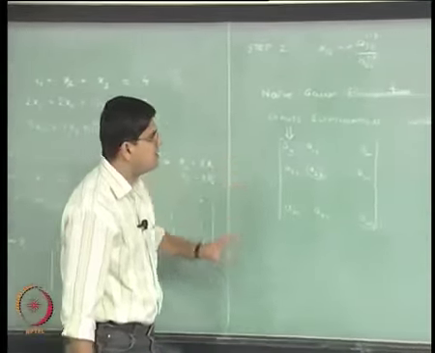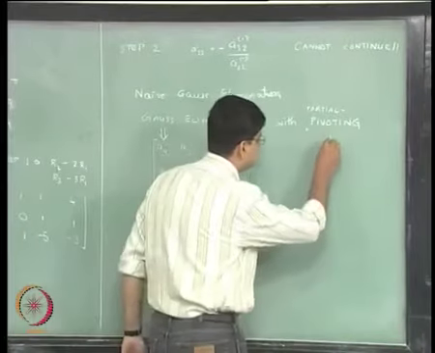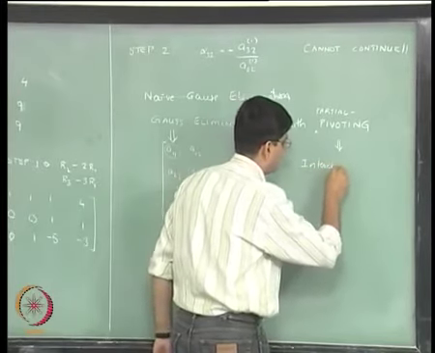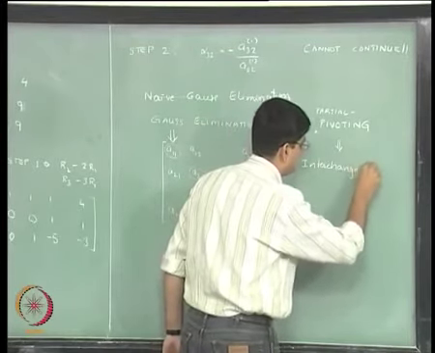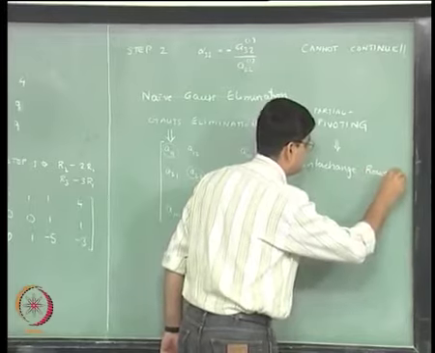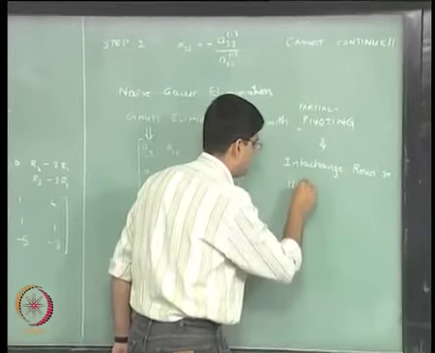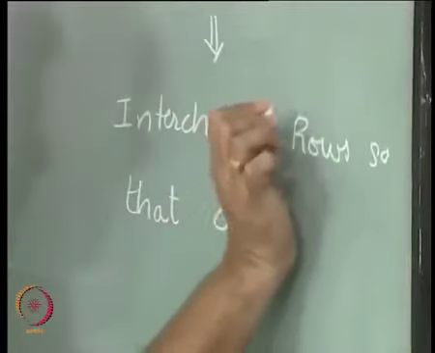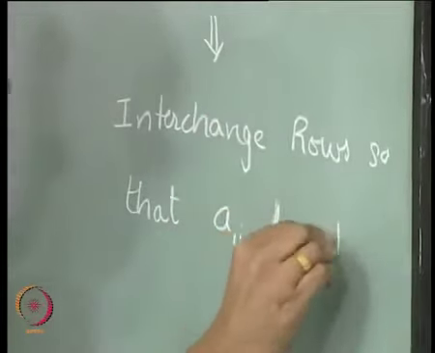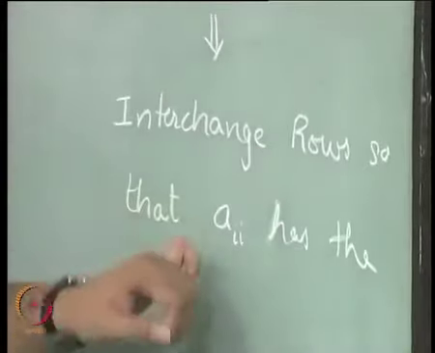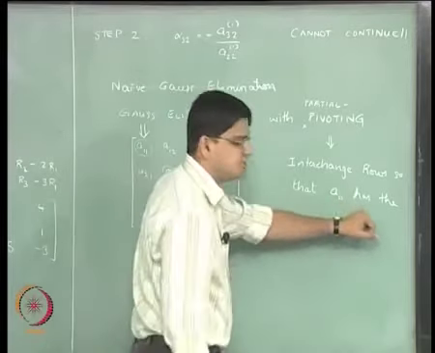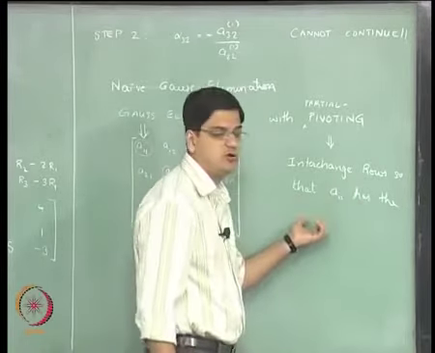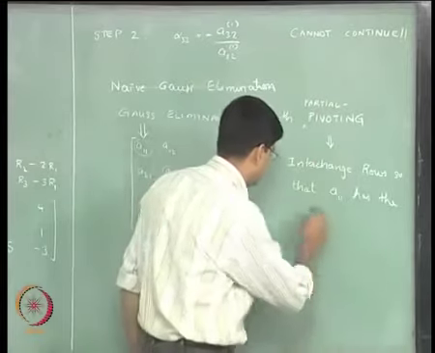So the idea in partial pivoting is that we will interchange the rows so that AII is the term which has the largest absolute value in the entire ith column.